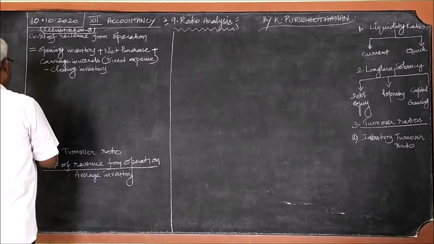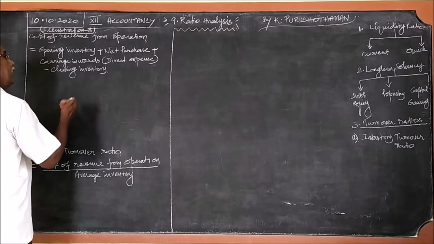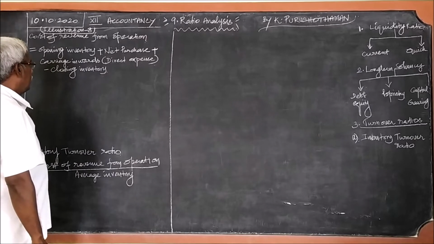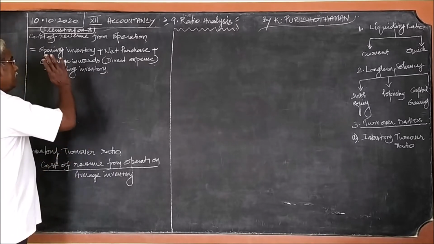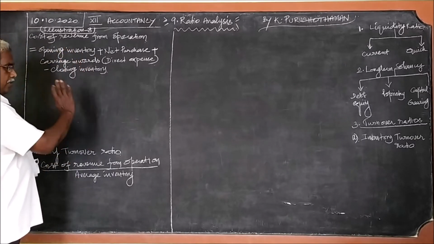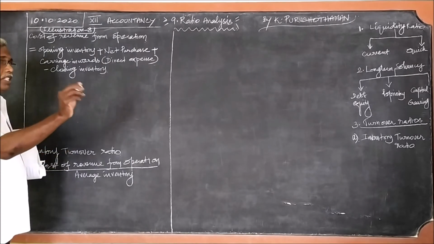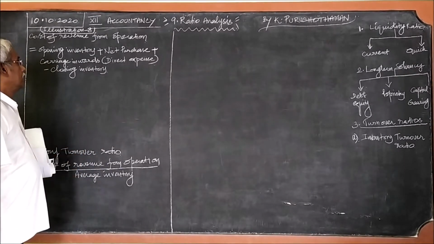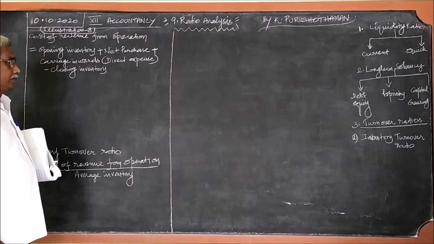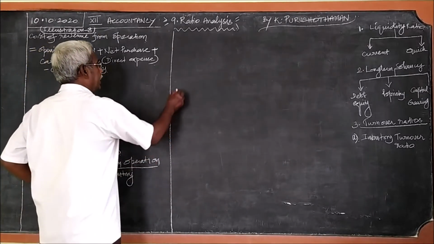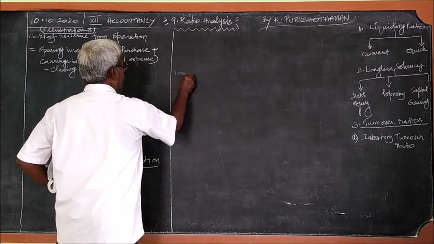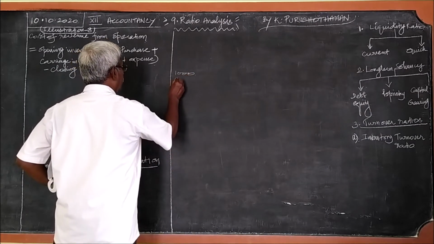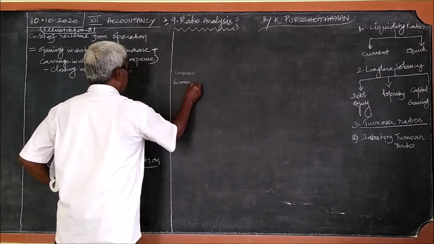Generally we can take it like this. What is the revenue from this business? Revenue means income. How can we calculate the income? Say for example, in the beginning there is 1,000, and we purchase some goods for 6,000 rupees.